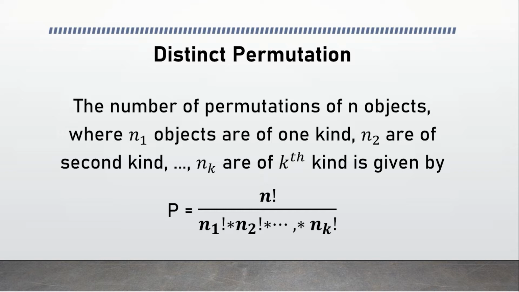It says here that the number of permutations of n objects where n sub 1 objects are of one kind, n sub 2 are of second kind, ellipsis, n sub k are of kth kind is given by P equal to n factorial divided by n sub 1 factorial multiplied by n sub 2 factorial ellipsis multiplied by n sub k factorial. To clearly understand what distinct permutation is, let's have an example.